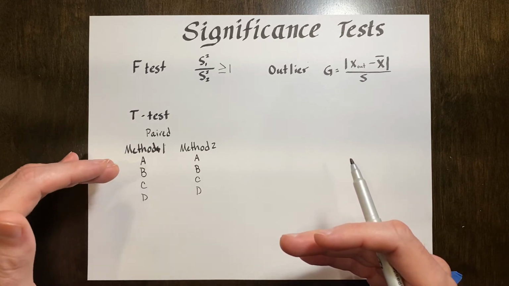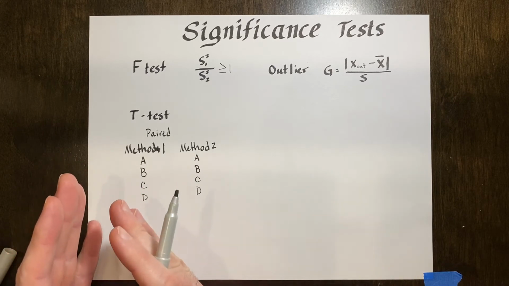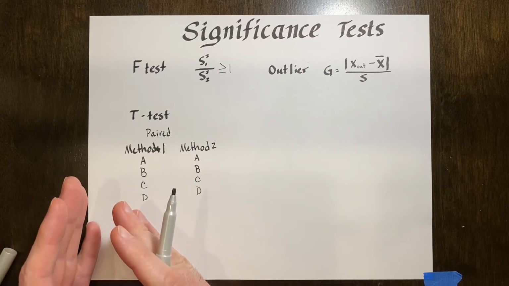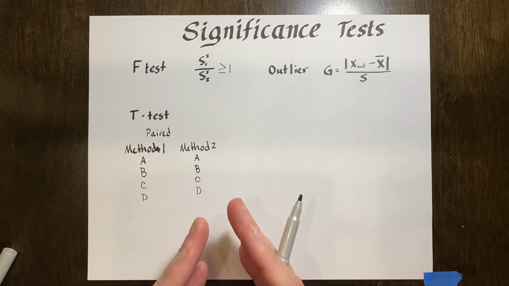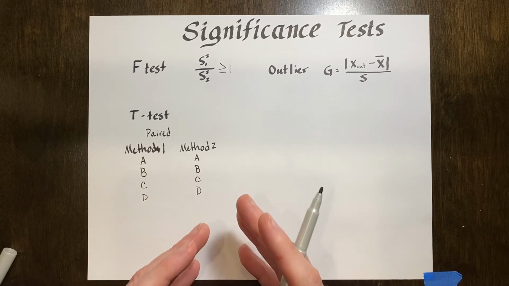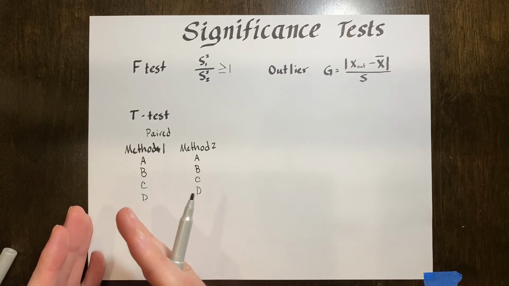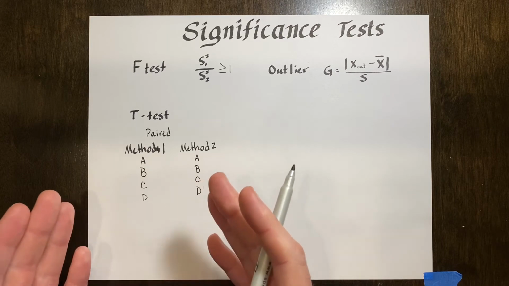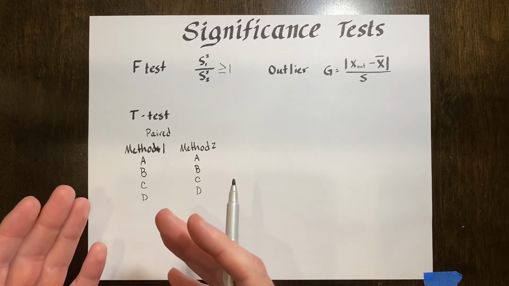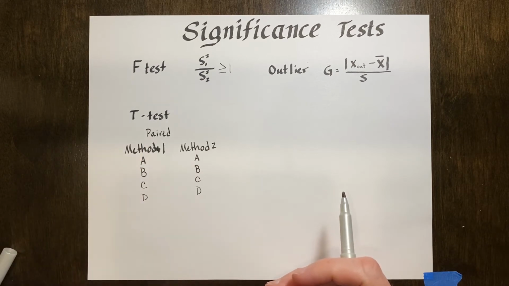Or I need to evaluate this older method and compare it with a new method, right? I'm developing a new method. I want to make sure it's providing data that compares to what I would expect in this older, perhaps more time-consuming or complicated method. Then I would have the test to do that. That would be a paired test.